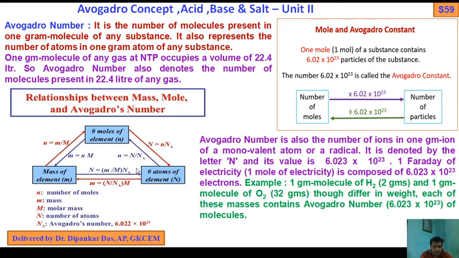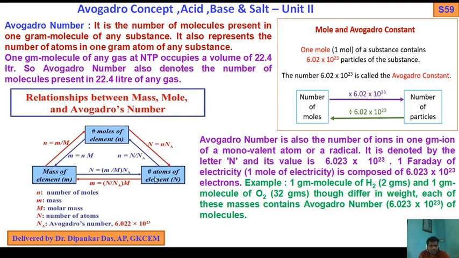Similarly, atoms of element to moles, n equals N by N_A. Similarly, atoms of element to mass of element, m equals N by N_A into capital M. Similarly, mass of element to atoms of element, N equals m by M into N_A. Similarly, conversion of mass of element to moles of element, n equals small m by capital M. Similarly, moles of element to mass of element, small m equals n into M.